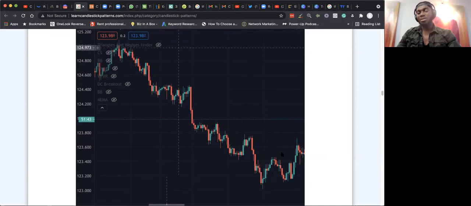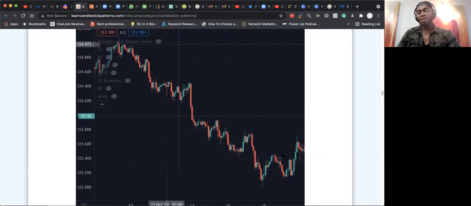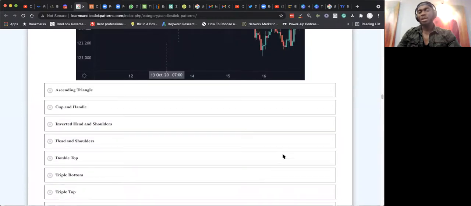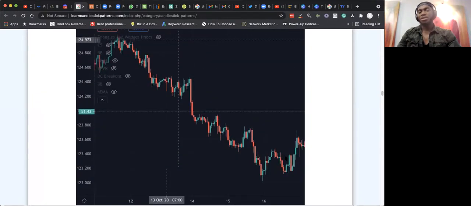I would call this a double bottom, but let's see what they decided. Yep, we were right. It's a double bottom. So you're starting to get the hang of it. The more you look at these charts, the easier it gets to spot them.